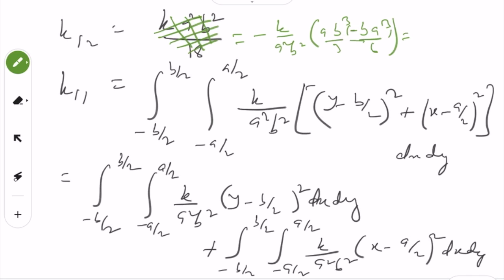Okay, and so the value becomes minus and minus plus. To begin with, a square b square, so we have ab from here, ab from here, so we simply get k.